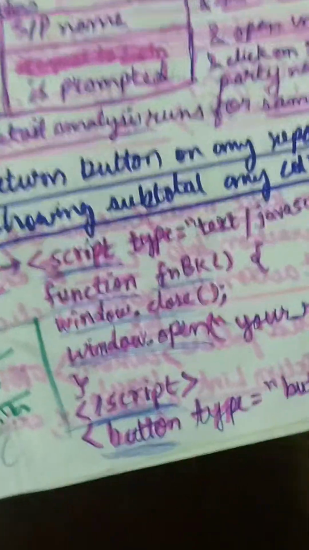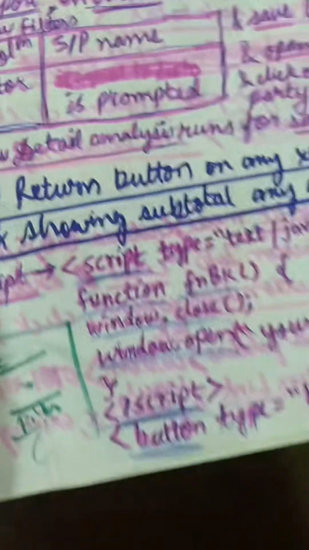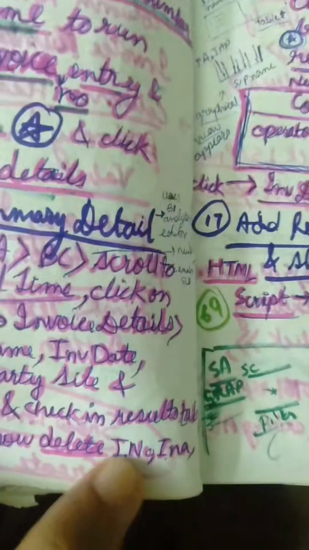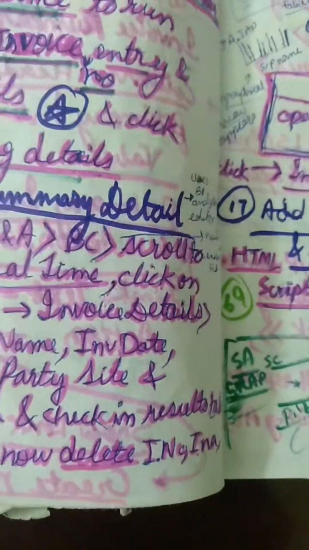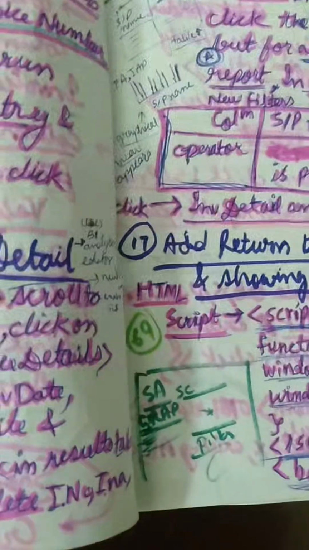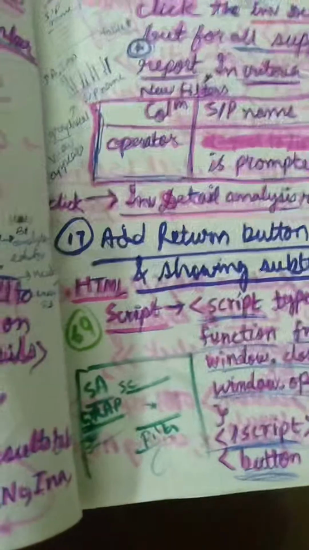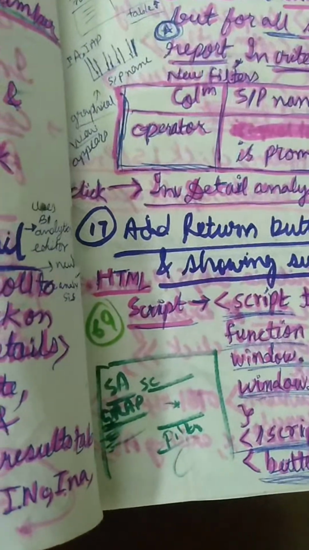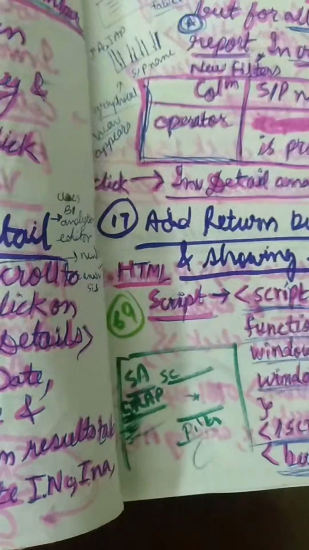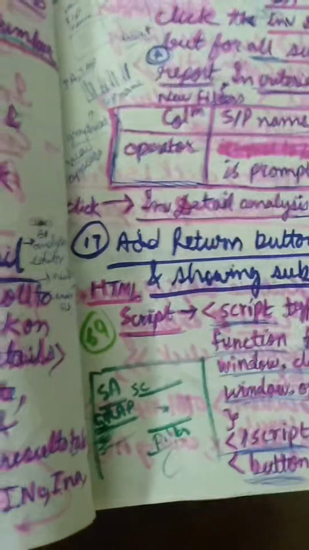My remaining columns are only party name, invoice amount, and invoice amount paid. Only three columns I'm keeping. I've deleted number, name, date, and among party site and party name, I've deleted the site information. Now I'll have only supplier or party name, and from invoice amounts, invoice amount and amount paid.